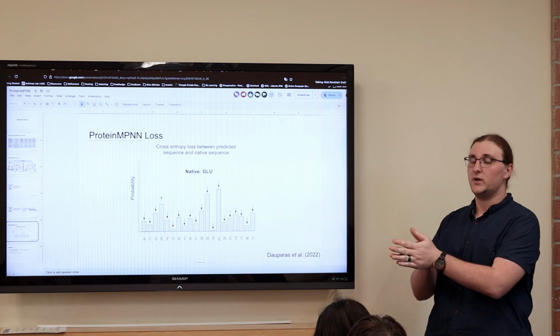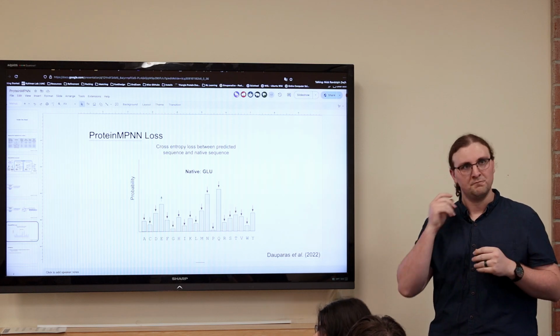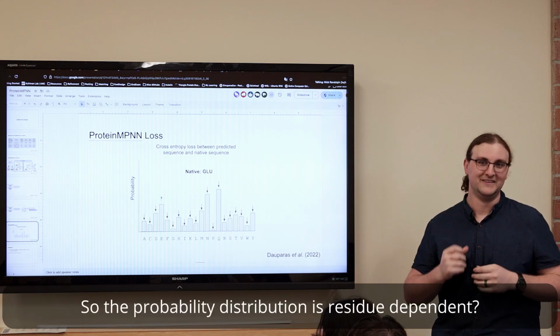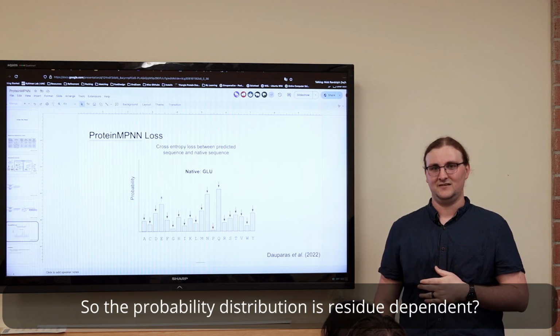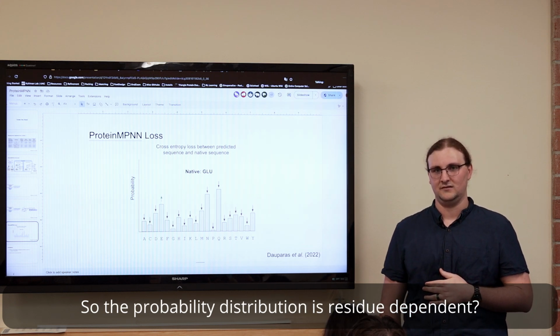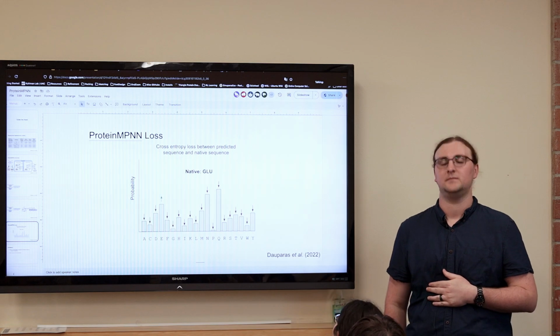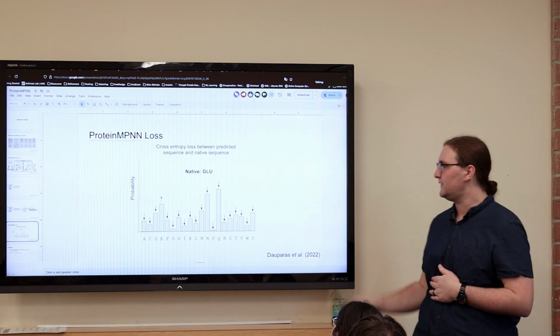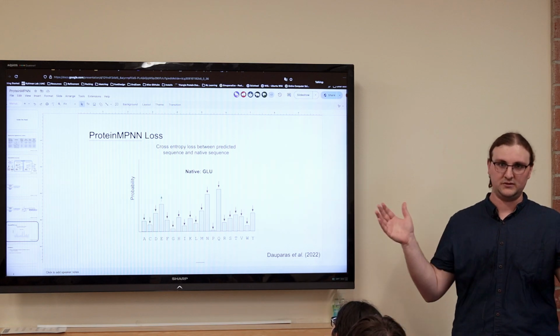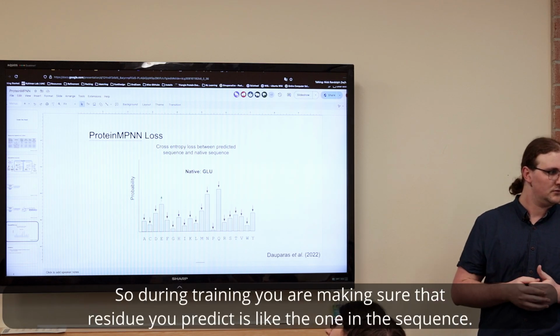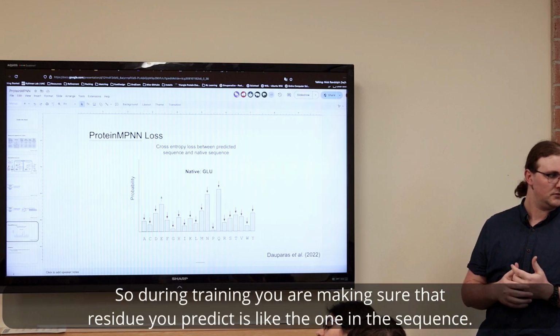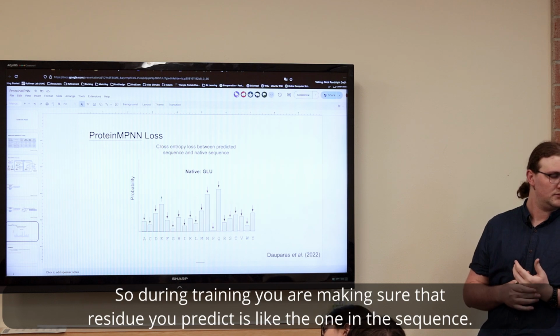It makes a prediction of what it should be. It's really just a linear layer after the embeddings. Is it residue dependent? Yes. So this would technically be an L by 21 dimensional probability distribution.